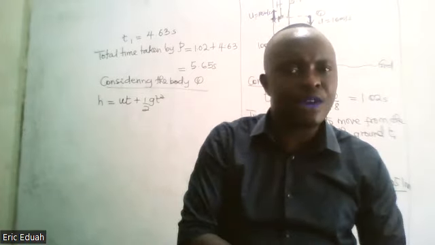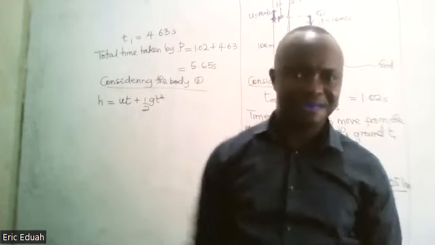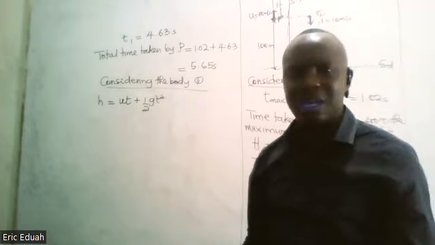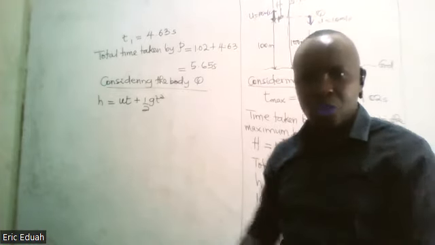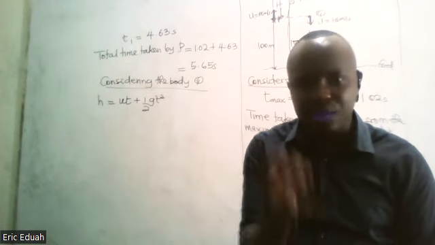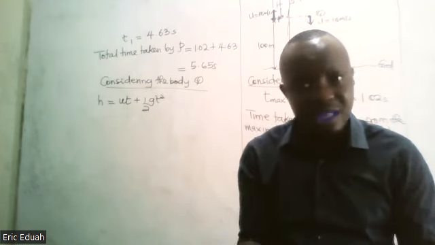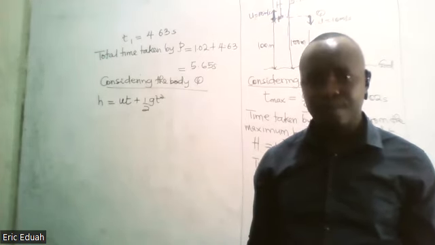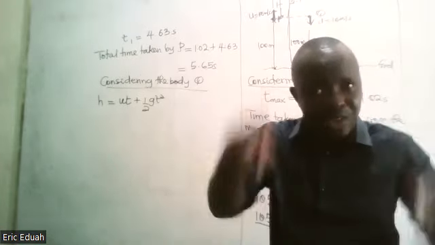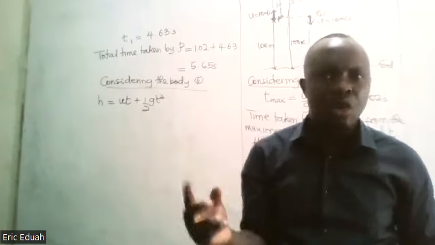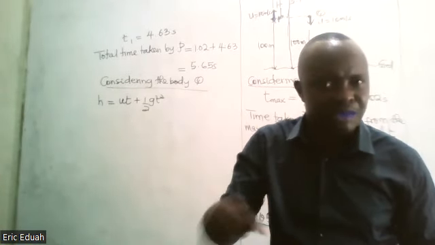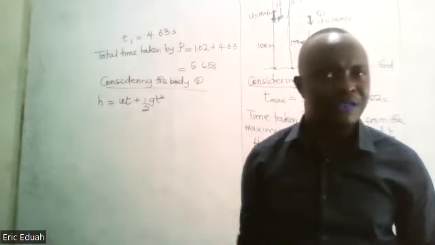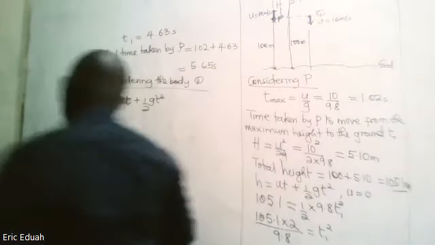It must accelerate with a value greater than that. But they only gave us for Q the acceleration as 9.8, as gravity. So we have no option than to use the information as we were given. Class, you understand what I'm saying? Good. But that's what we are given, so we cannot change it. But in actual sense, once the body is given an initial velocity downwards, it has to accelerate more than the acceleration due to gravity. That's the observation I made.